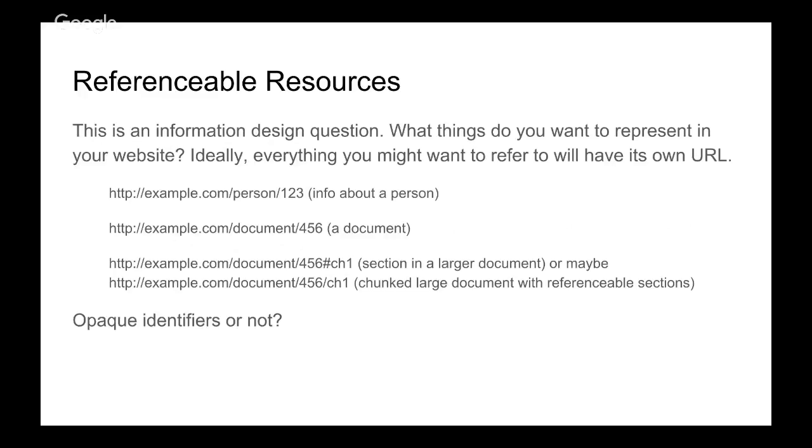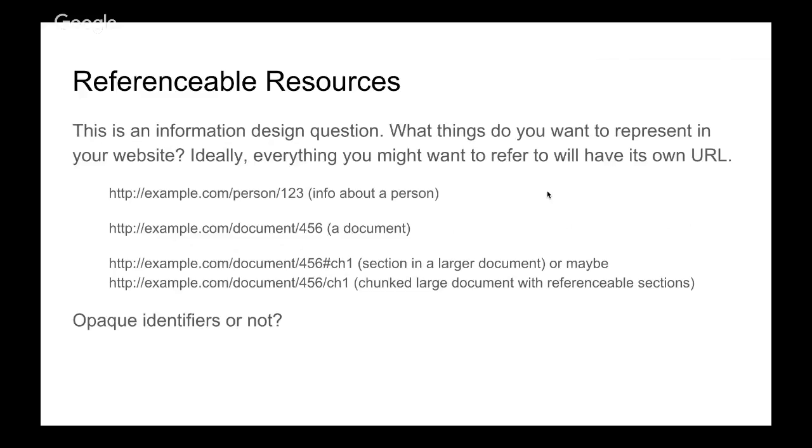So there's no right or wrong answer here. It's just something you have to think about. The other question is, do you want your identifiers to be opaque or not? And by that, I mean, just like these examples, do you want person 123, or do you want person/Monica_Bertie, for example? There are pluses and minuses to both of these.